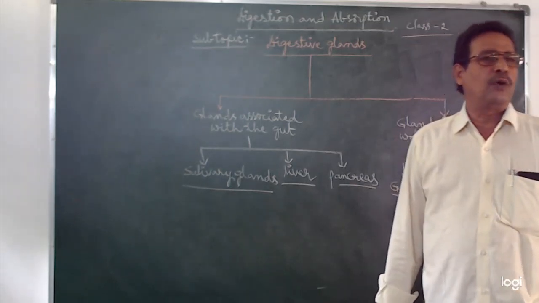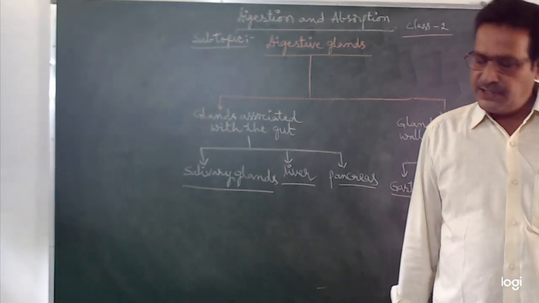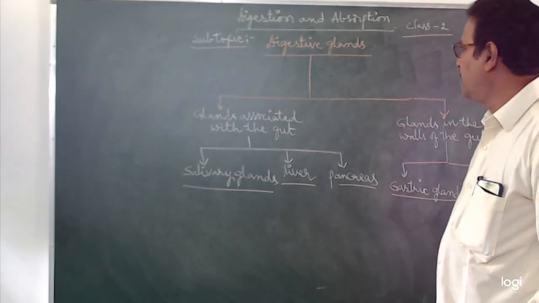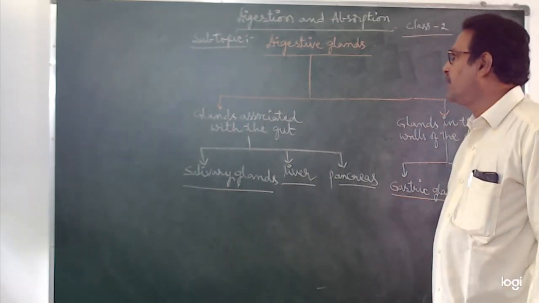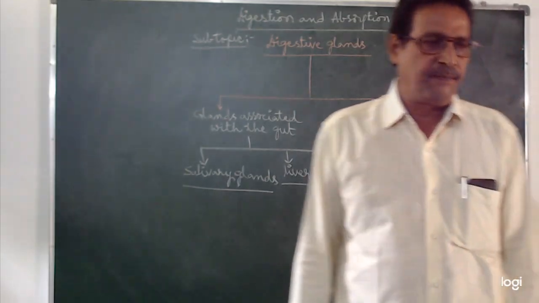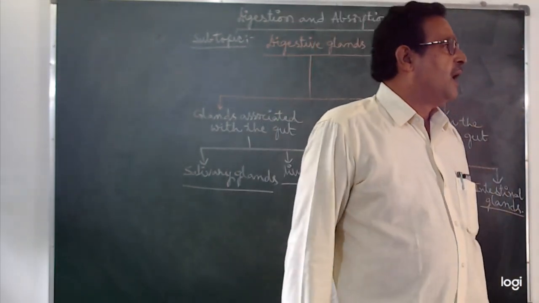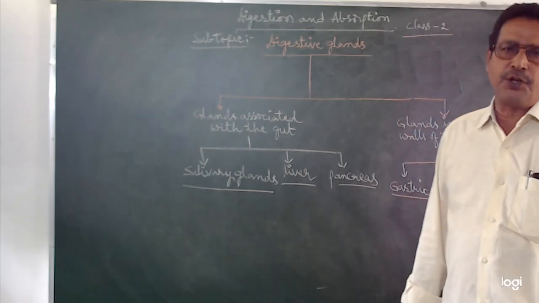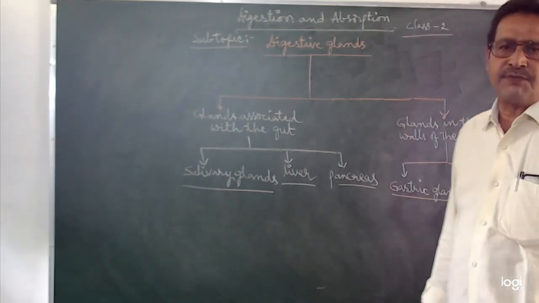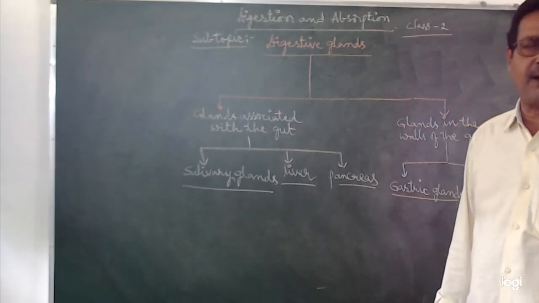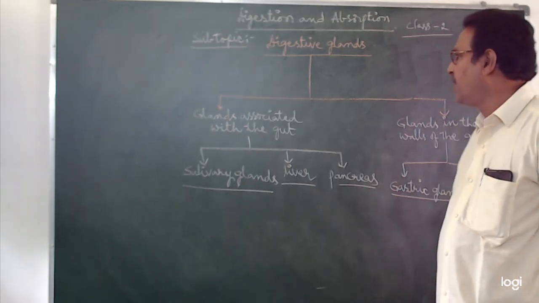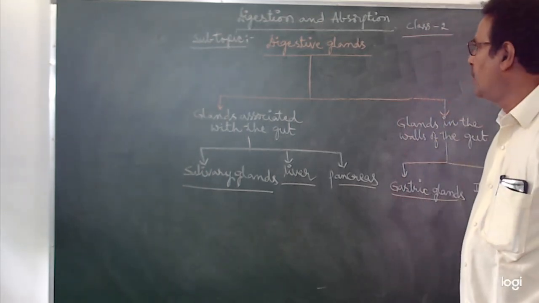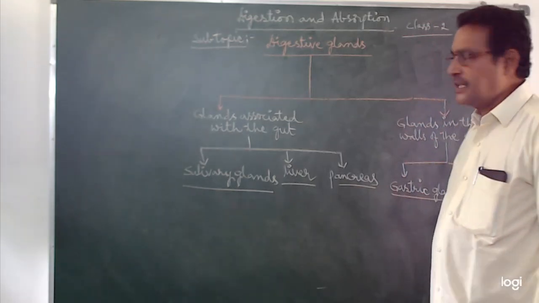Before we understand the process of digestion, first of all, we should know about the different kinds of digestive glands related to our gut: how many types there are, what the secretions from each gland are, and what the role of each digestive juice secreted from the digestive glands is.